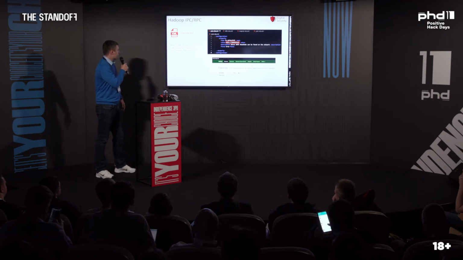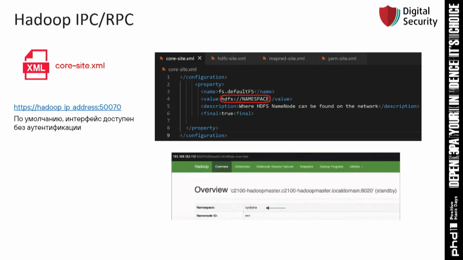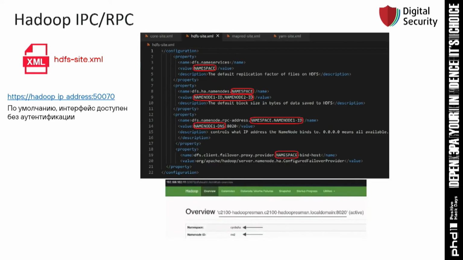A few words about Hadoop IPC RPC. Core-site XML is needed here, and its value, the HDFS namespace. Take a look at the Hadoop UI at the port that you listen, and you find all the values needed. HDFS-site XML.